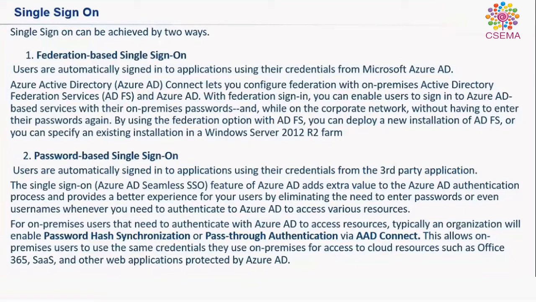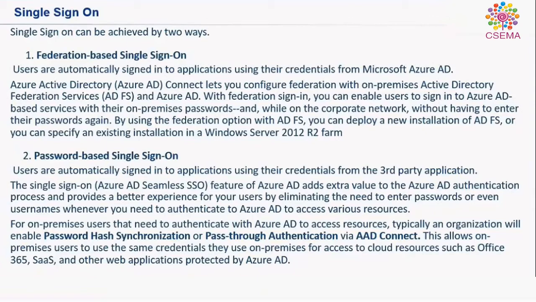So Azure AD Connect lets you configure federation with on-premise Active Directory. So you basically set up a federation between your on-premise and your cloud. With federation sign-in, you can enable users to sign in to Azure AD based services with their on-premise password while on the corporate network without having to enter their passwords again.